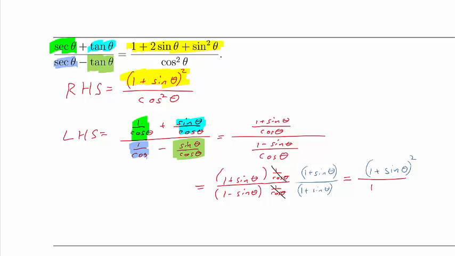And in the bottom we've got 1 minus sine squared theta. And 1 minus sine squared theta is the same thing as cosine squared theta, which is what we're looking for. And in the bottom we have 1 plus sine theta. In the top we have 1 plus sine theta quantity squared. And so we note that this all matches with this quantity here. Left hand side equals the right hand side.